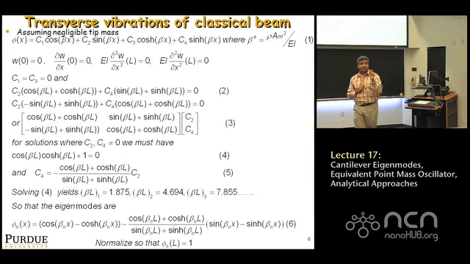It's an infinite number of beta values. There's one beta here that satisfies it, another beta somewhere else. Each beta corresponds to a value of omega, natural frequency, and that's how you get all the natural frequencies of the beam. Simply by looking at what are the values of beta that satisfy equation 4. That's it. Right? Every value of beta that satisfies equation 4 gives you the corresponding natural frequency.